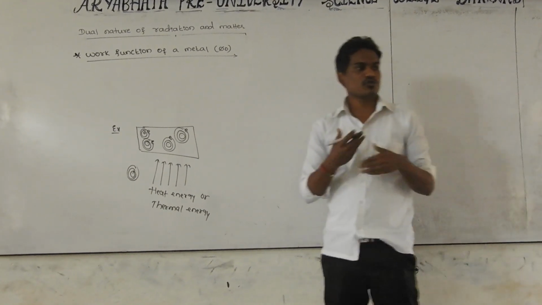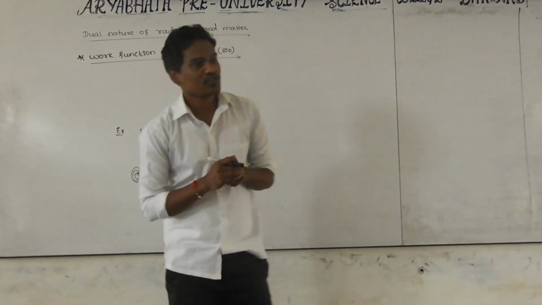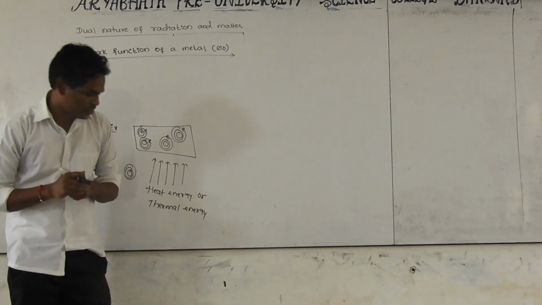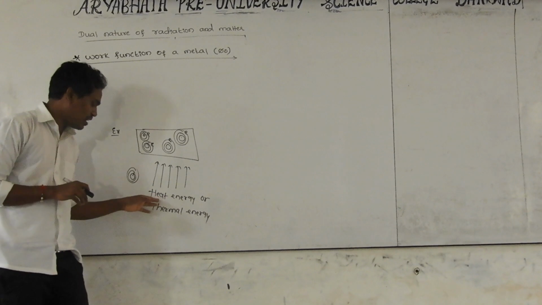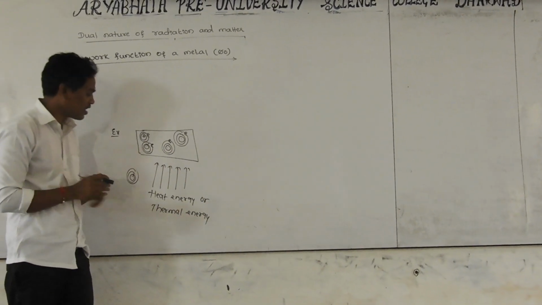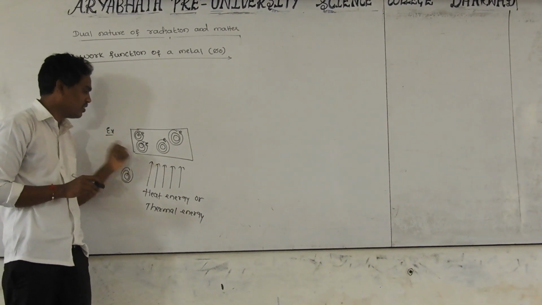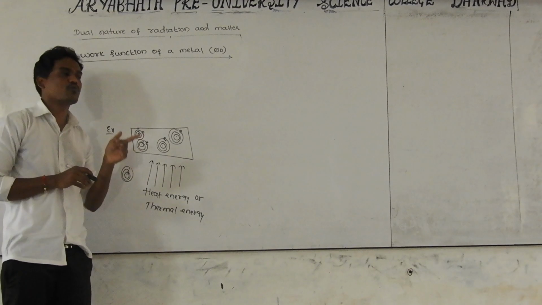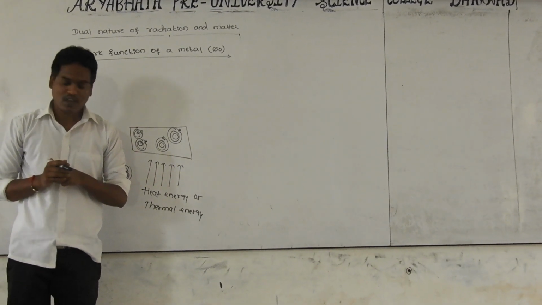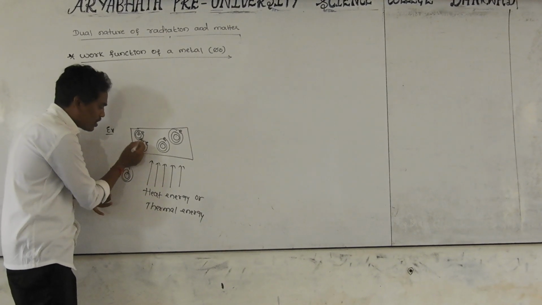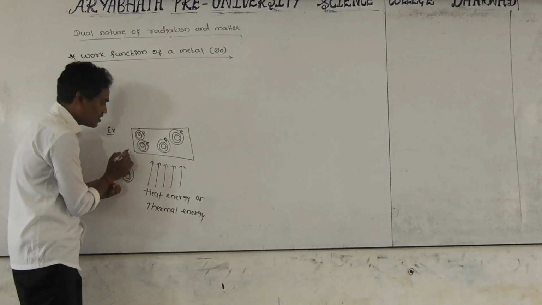If the temperature increases, the kinetic energy of the particles of the atom also increases. Here I am applying heat energy to this metal, so the kinetic energy of the outermost electrons goes on increasing.